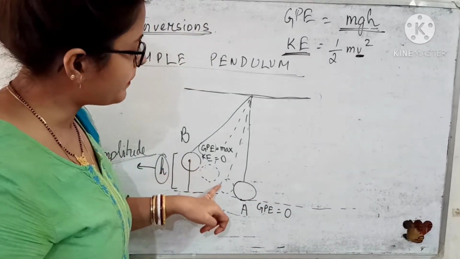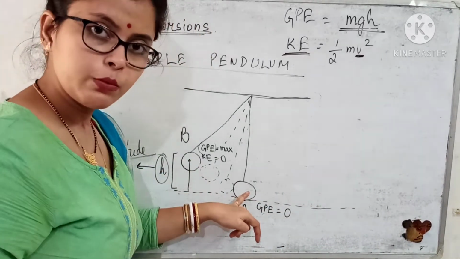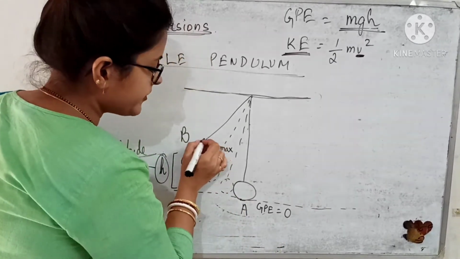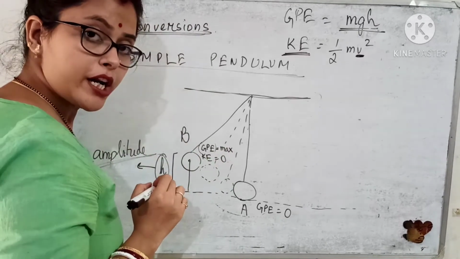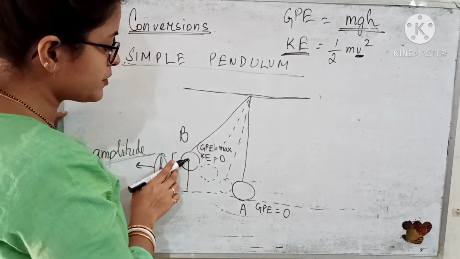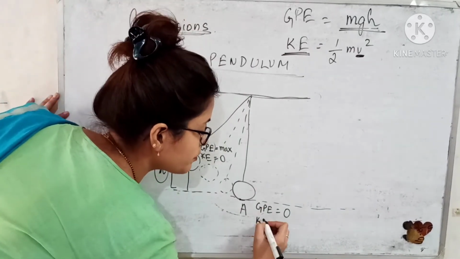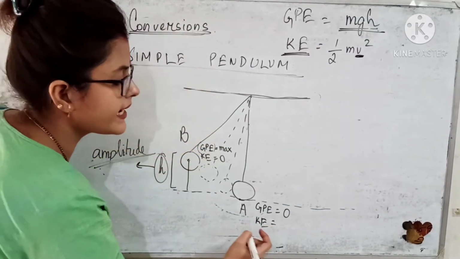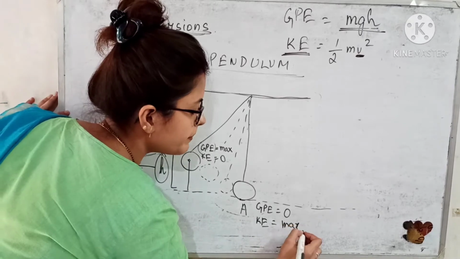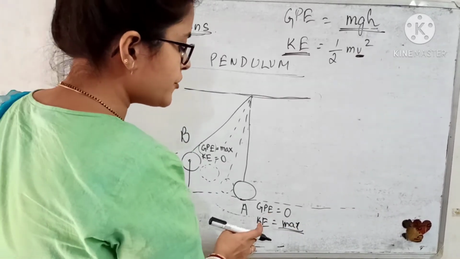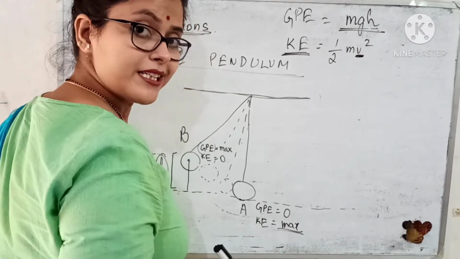And when the bob comes here, all of the gravitational potential energy that it had attained at this position gets converted to kinetic energy. That means at this position, the kinetic energy of the pendulum becomes maximum.